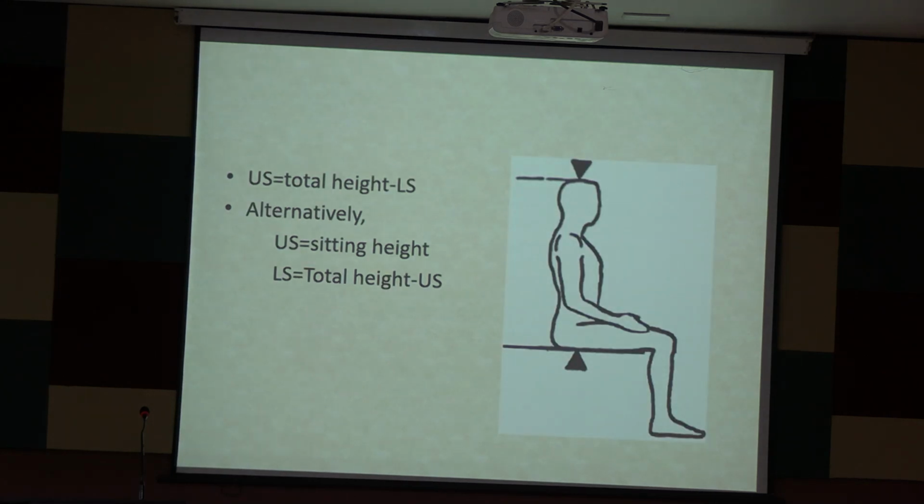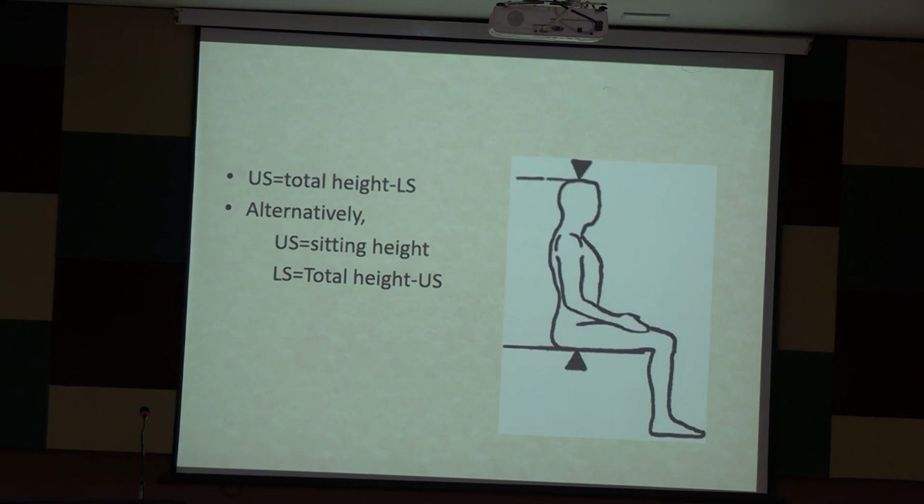The upper segment can be calculated easily by subtracting the lower segment from the height. Alternatively, the upper segment can be calculated from the sitting height. The child is allowed to sit on a stool, and the head pad should come down just like when we measure the height.